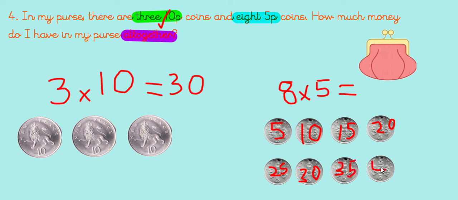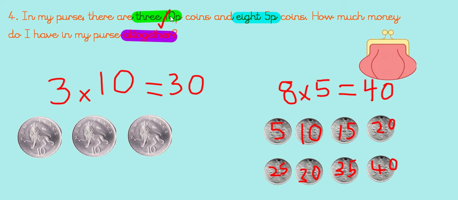Well done. So with my 5p coins, I've got 8 lots of 5p, and that's made me 40p. So I've got 40p in 5p coins and 30p in 10p coins.